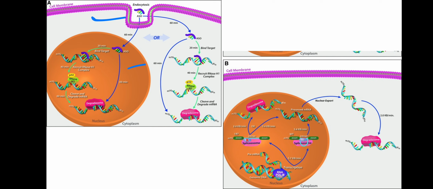You can see cytoplasmic activity and nucleoplasmic activity. This different timing of activity enhances their capacity to interact with the target mRNA, and ultimately destroys the target mRNA and suppresses its activity. So the delivery mechanism is very important for developing and synthesizing oligonucleotides.